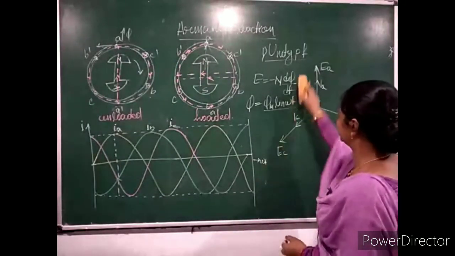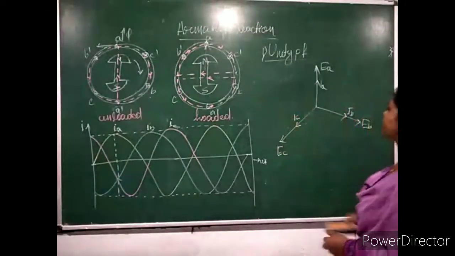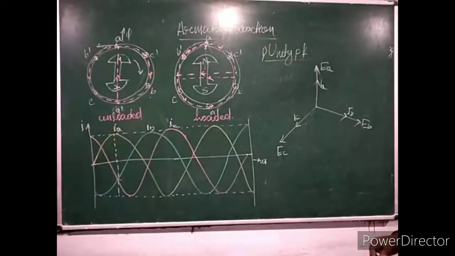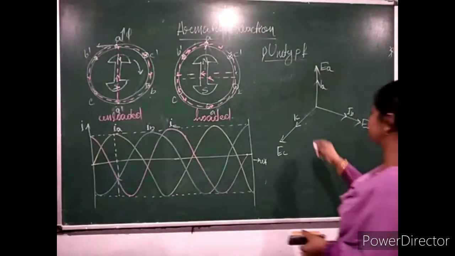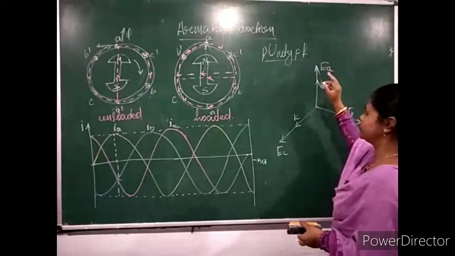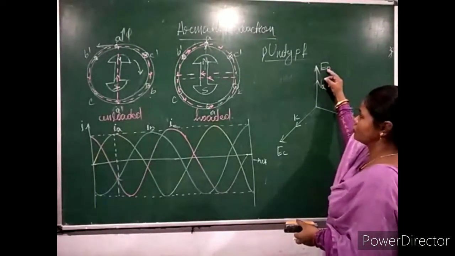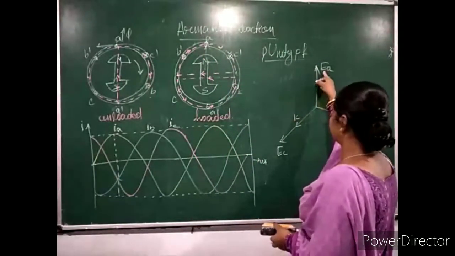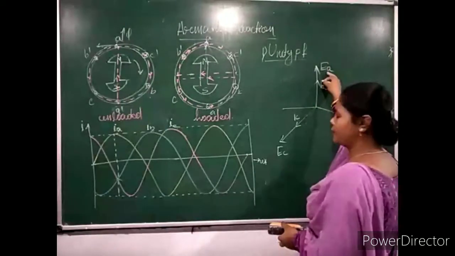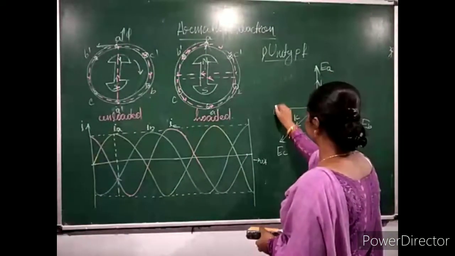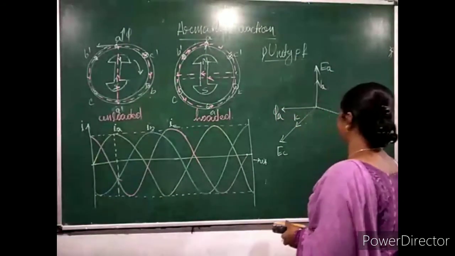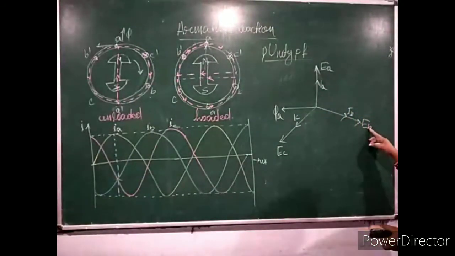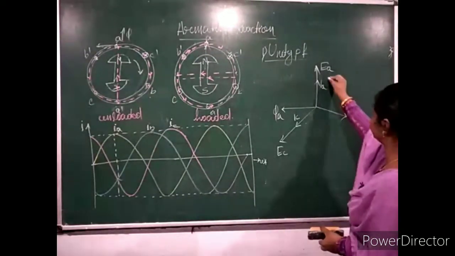So the respective fluxes lead their respective phase voltages by an angle of 90 degrees. So for phase A, the flux leads the phase A EMF by 90 degrees. This is phi A. Similarly, flux B at phase B leads the EMF at phase B by 90 degrees.